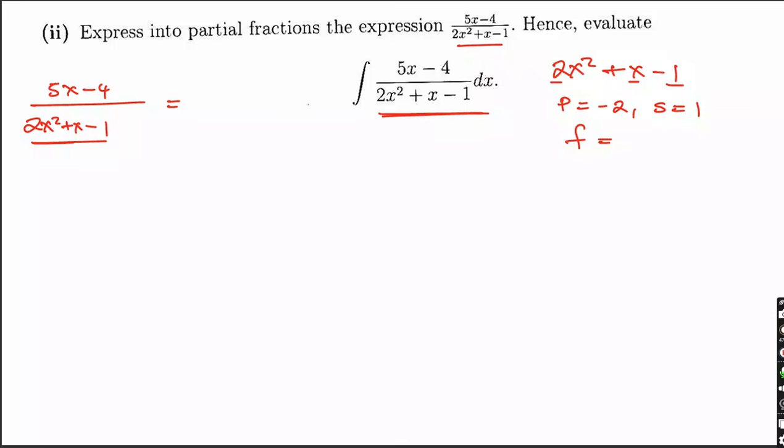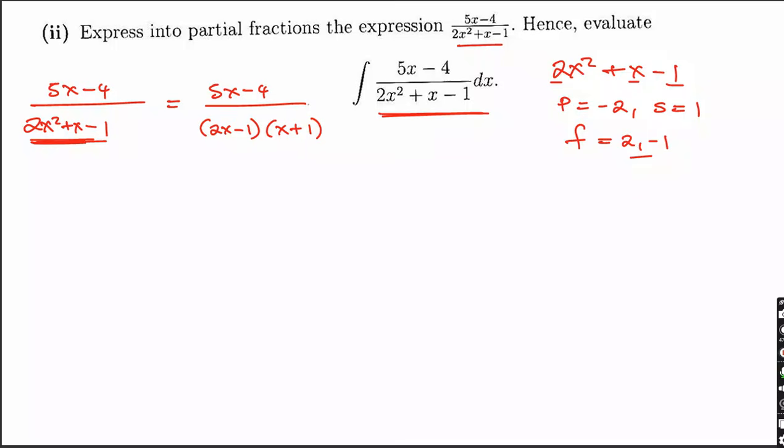Those two numbers that we can add to have 1 and multiply to have negative 2 are 2 and negative 1. So use this now to factor out. You are going to get 5x minus 4 over 2x minus 1, plus 1. Those are the steps that I've skipped, which you just need to do.